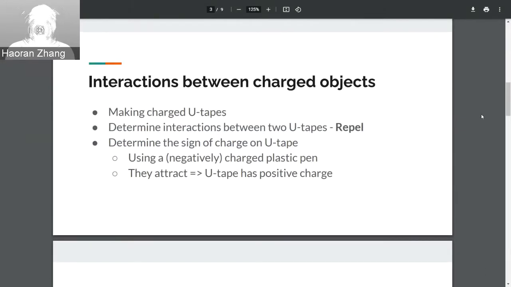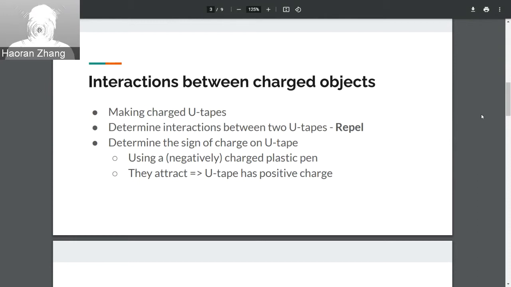Firstly, we made some observations about the interaction between one U-tape and another U-tape, and we want to determine the sign of charge on the U-tape. After making the charged U-tapes, for the interactions between two U-tapes, you should expect them to repel.